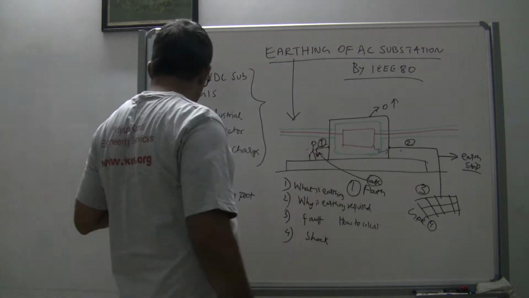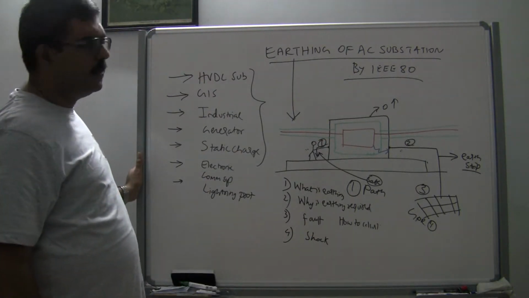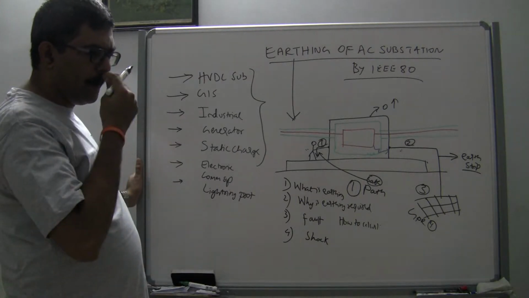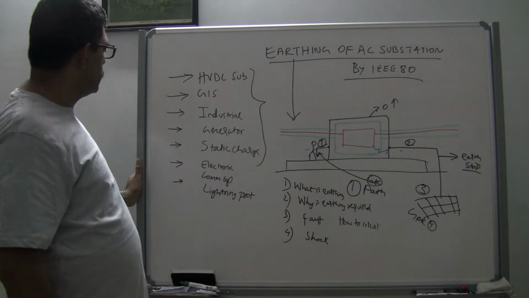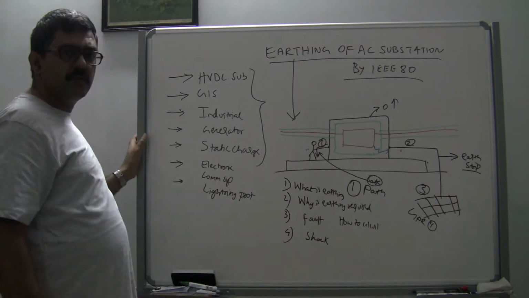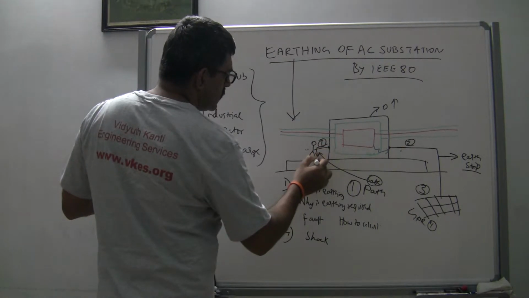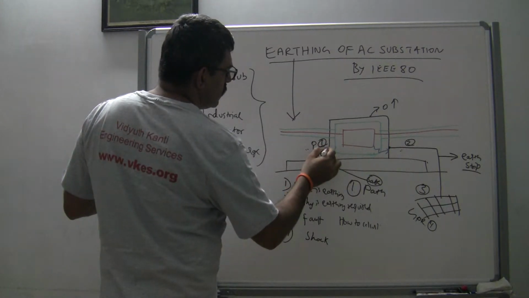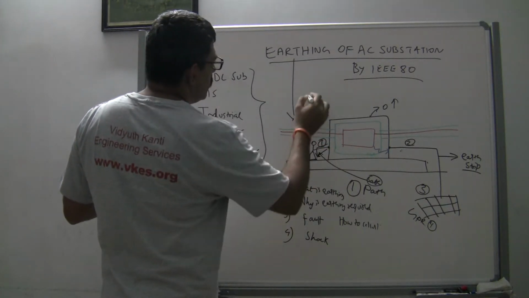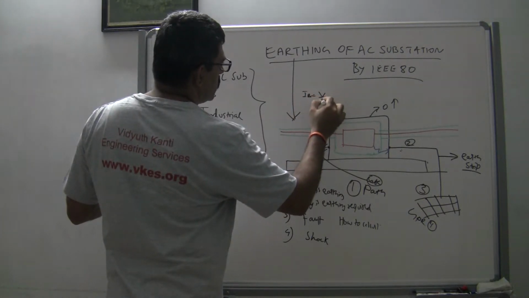Now, when a person is touching any metallic object in a substation, normally there is no problem. But during a fault condition, what happens? The potential of that object rises and he will receive a shock. That is, there is a potential difference between his hand and his foot. You know that current is nothing but voltage divided by resistance.